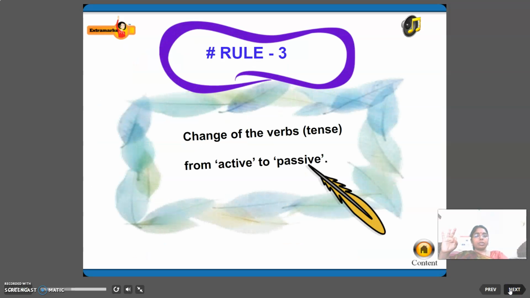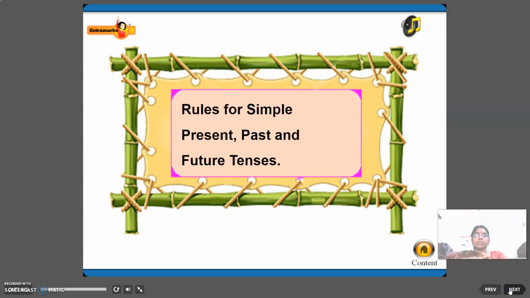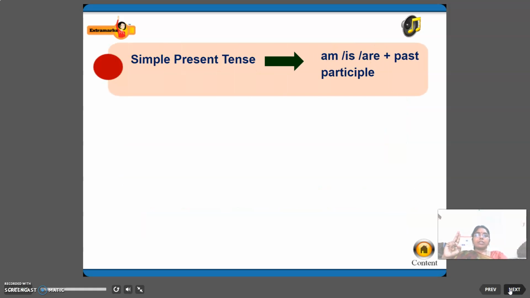Next is rule number 3. Change the verbs, that is, tenses. We are going to change the tenses when we are changing from active to passive voice, right? Rules for simple present tense, simple past tense and simple future tense. What is the rule?